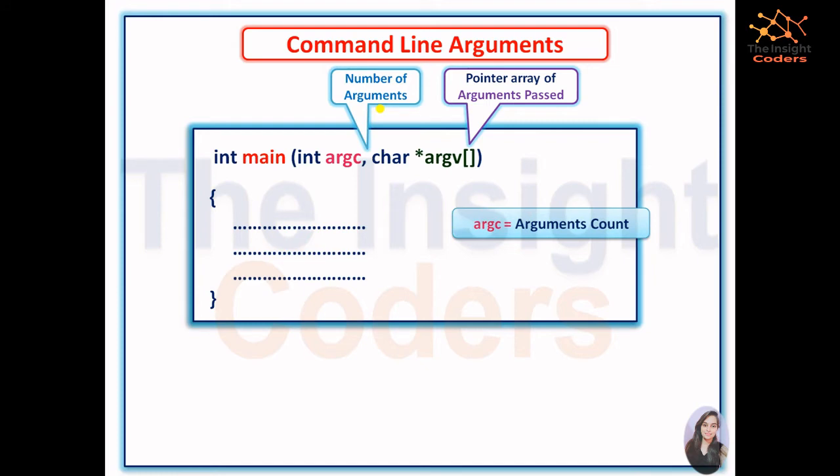If I talk about that in detail, I can call it a vector. So what is a vector? A vector is basically a 1D array. So this argv is a 1D array that takes all the arguments that you will pass. And let me tell you, this array is basically an array of strings. We will be discussing it in just a few seconds.